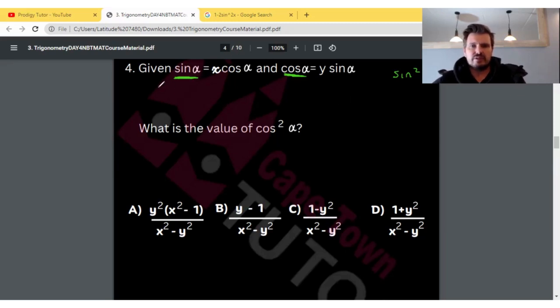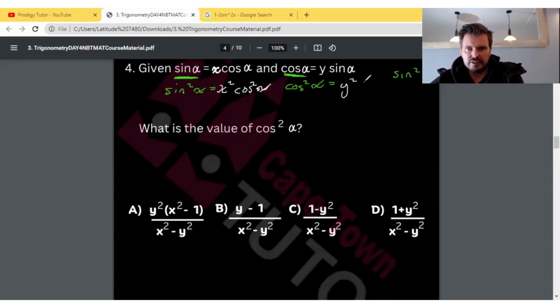Well, if I square both of these, I get sine squared alpha equals, and then obviously this becomes x squared cos squared alpha. And then the cos squared alpha equals, and then we square the other side, and we get y squared sine squared alpha.